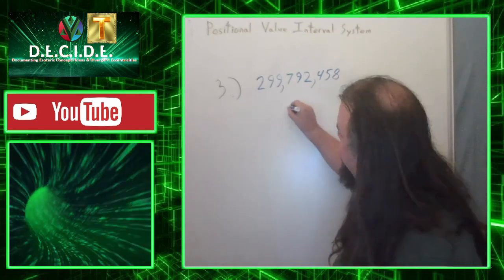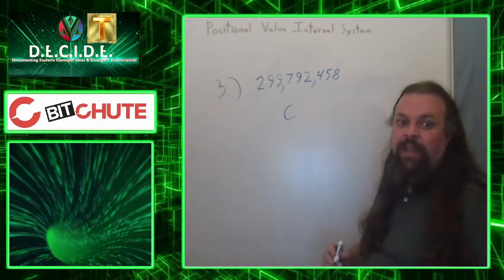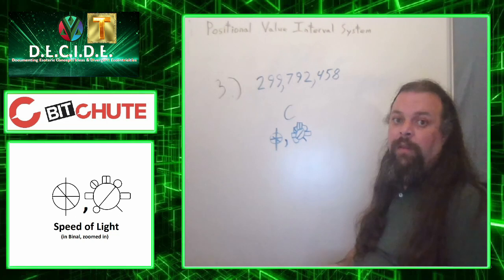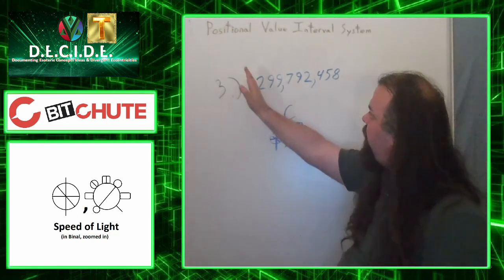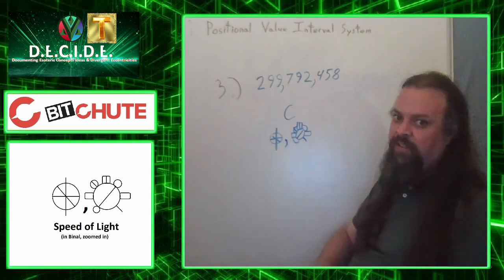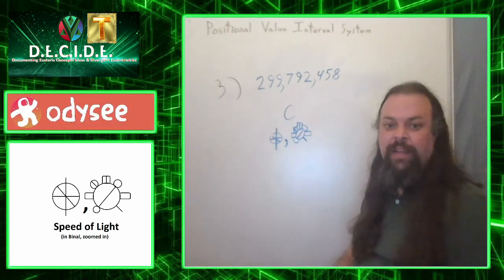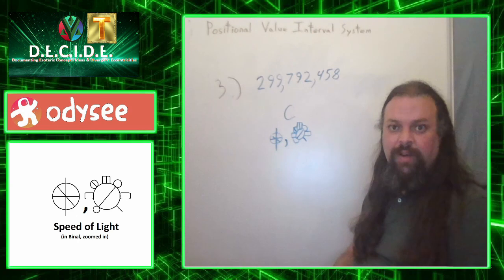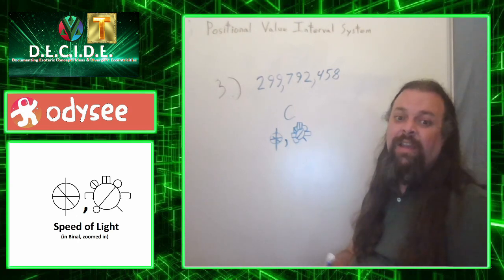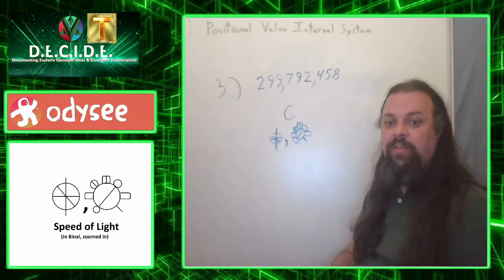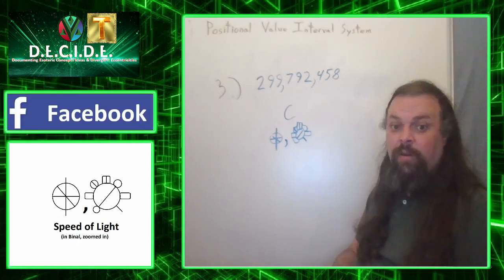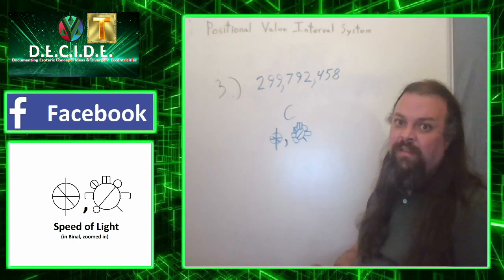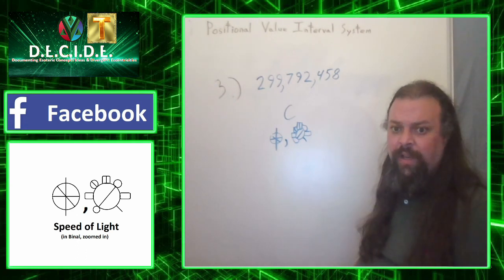Mathematicians use C as shorthand to write it, which clearly takes much less space than the 299,792,458 normally written for the speed of light. It is visually distinct, and those who understand the system can read the PVI number easily. Even those who can't read it immediately can figure out what the number is.